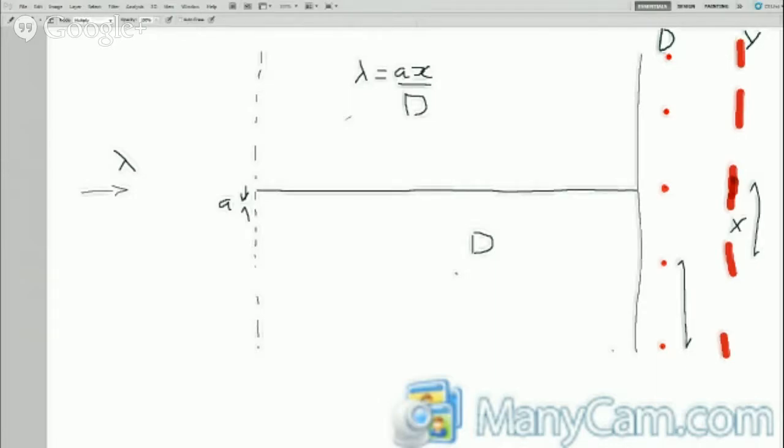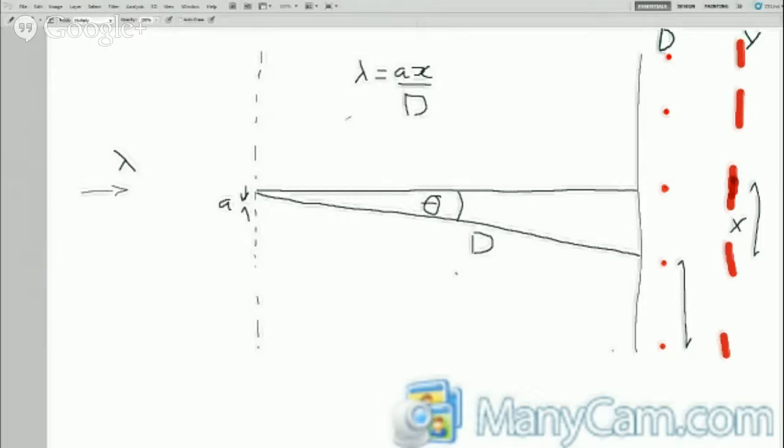But because it's passing through the diffraction grating, we get these additional bright spots. And the maths looks at the angle between the central spot and each subsequent one, as an angle from where the slits are.